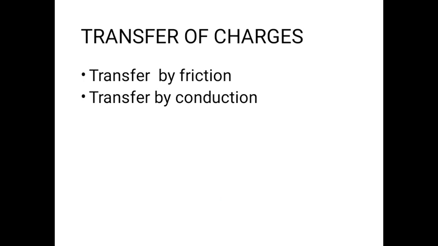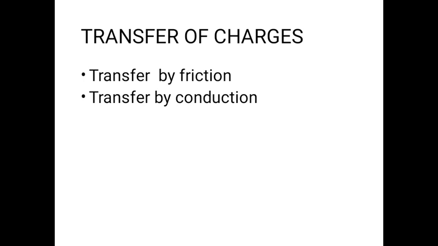If you take a comb and place it near some pieces of paper, what happens? Nothing will happen. And after combing your hair, if you place it near the paper again, what happens? The paper will be attracted by the comb. The comb rubbed with the hair gains electrons from the hair, so it will become negatively charged.